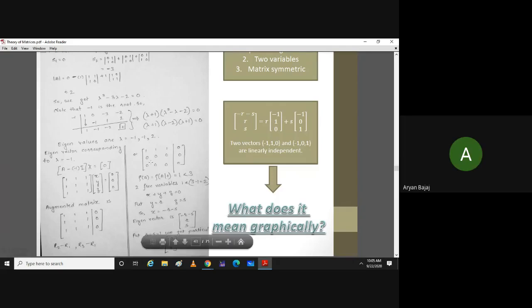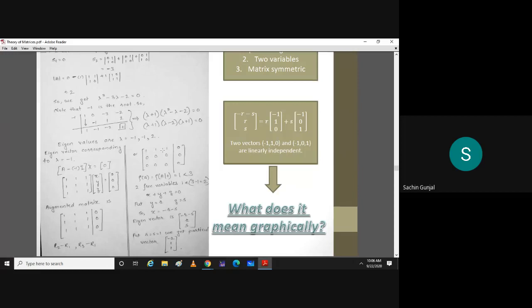In fact, the whole of row 2 and row 3 will become 0. Now, what is the rank of this matrix? 1. How many variables are there? 3. So how many variables should we put free? 2. Two variables. So rewrite the system once again.